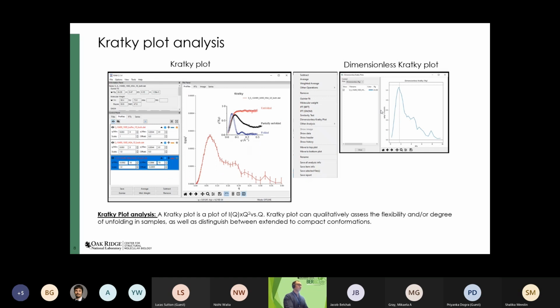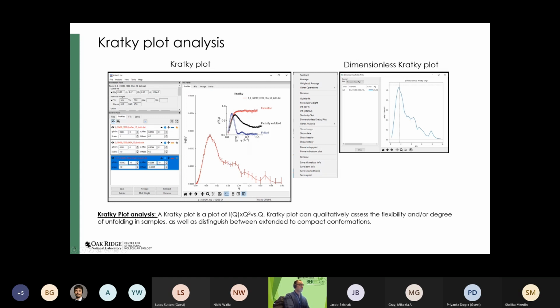So next, we have the Kratky plot analysis, which is going to differentiate for us between extended and compact conformations. The Kratky plot analysis is also useful for background subtraction. Sometimes when I do background subtractions, I plot the Kratky plot and use it as my guide to know how much background I should subtract.